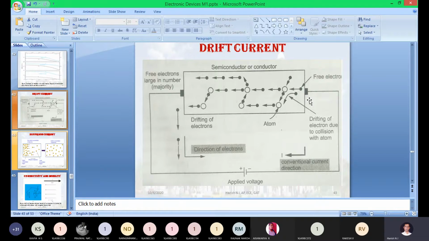It's a random change in direction. But still, due to the applied voltage, or applied electric field, the electron is attracted towards the positive terminal. Due to this attraction, once again the electron starts moving towards the positive terminal of the power supply only.